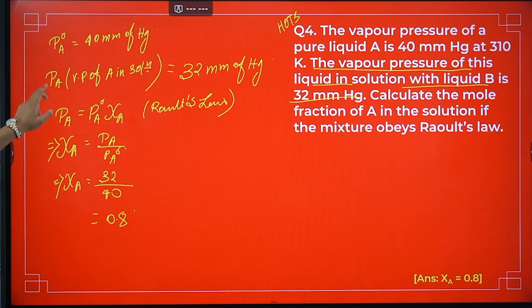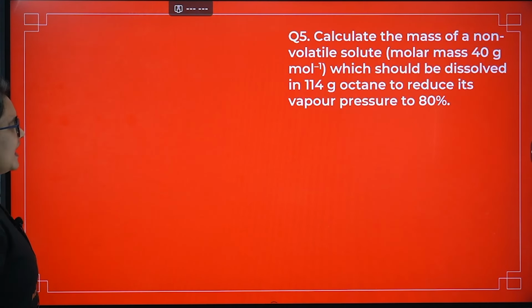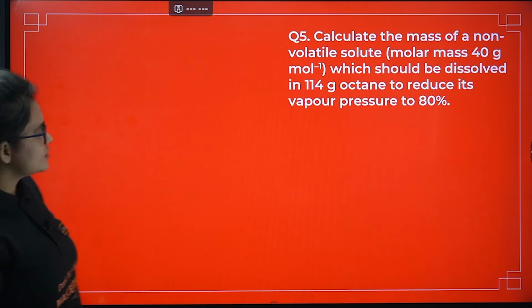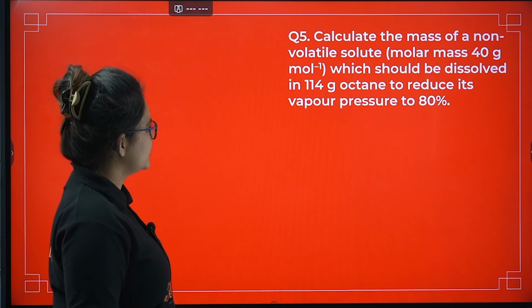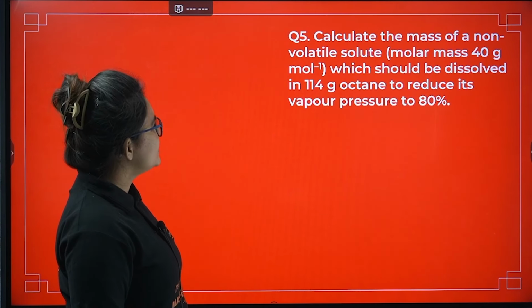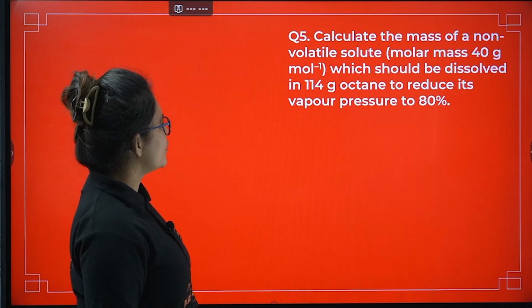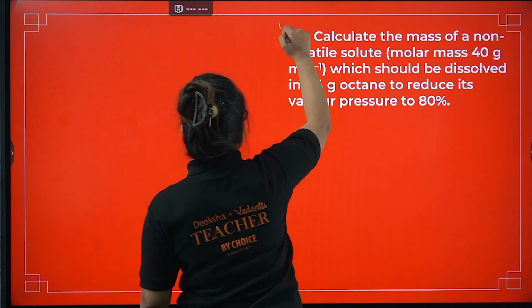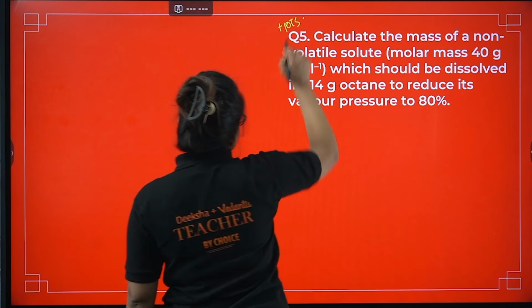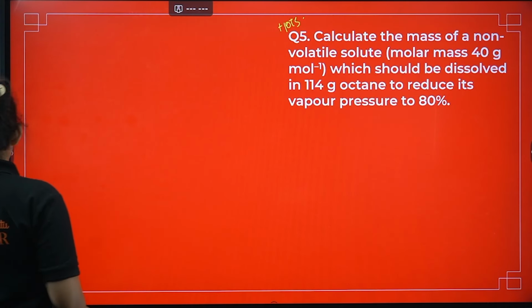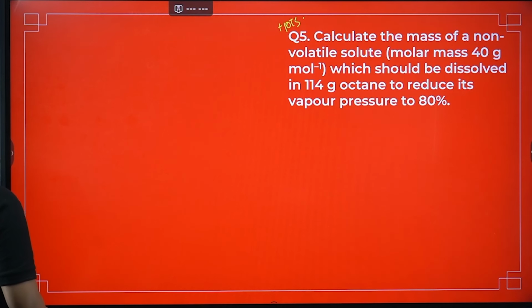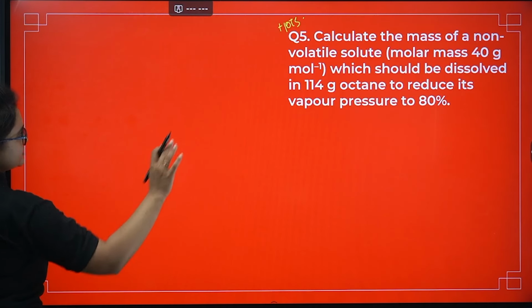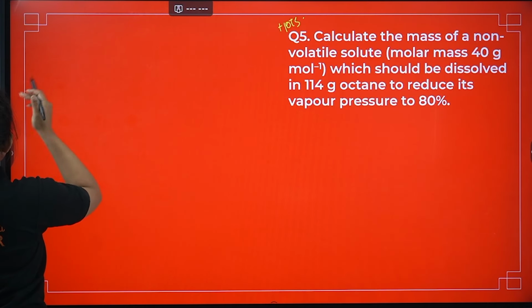Okay, let's go ahead. Calculate the mass of a non-volatile solute, molar mass 40 gram per mole, which should be dissolved in 114 gram of octane to reduce its vapor pressure to 80%. This is also a type of HOTS, or tricky, question. At first, you have to note down the given things.